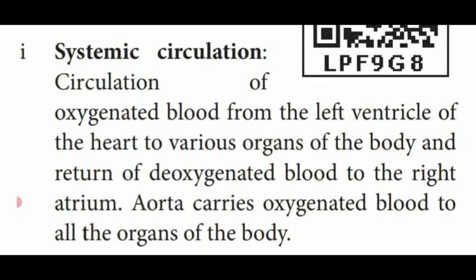At the same time, the aorta carries oxygenated blood to various organs of the body. In return, the deoxygenated blood enters into the right atrium. This type of circulation is known as systemic circulation.